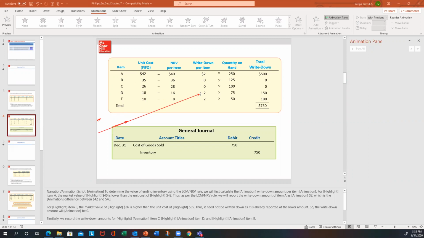So there's another difference of 2 times the units on hand, 2 times 75, would be 150. And then on item E, same thing, the cost is 10 and the market's 8. That's going to be another write-down of 2 times 50 is 100. If you add all these up, that's the total write-down of inventory of 750. That's going to be debited to cost of goods sold and then credited to inventory.